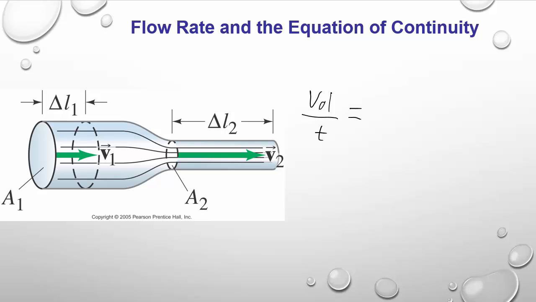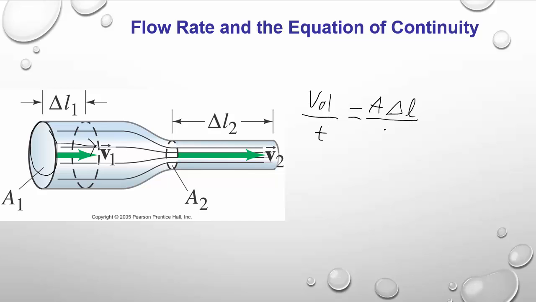Another way to write the volume per time: imagine the amount of water that moved from here to here. That volume had a certain cross-sectional area, and it moved a certain distance, delta L. So the volume is that area times that distance, just like the area of a cylinder times its height.